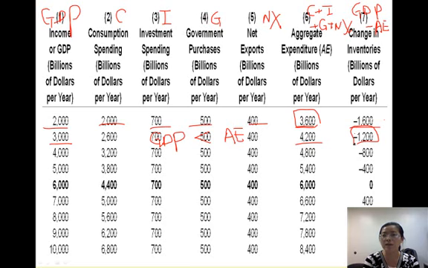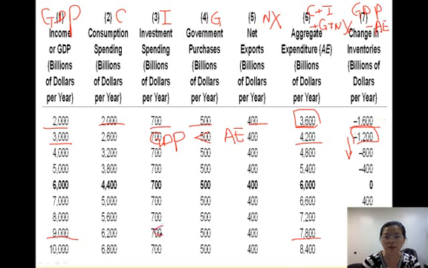Companies will hire more workers and increase working hours to produce more, because there's an excess demand in the market. So this is not the equilibrium GDP level. Companies will increase their production goal, thus the GDP level goes up.